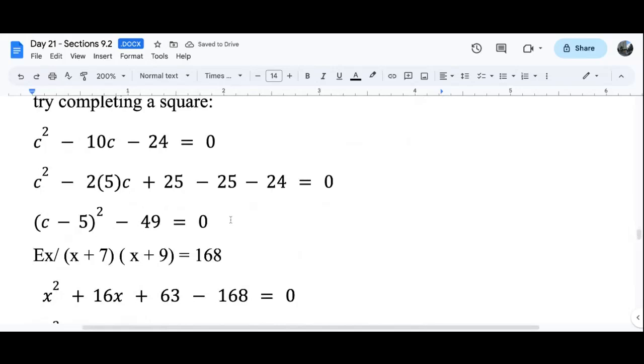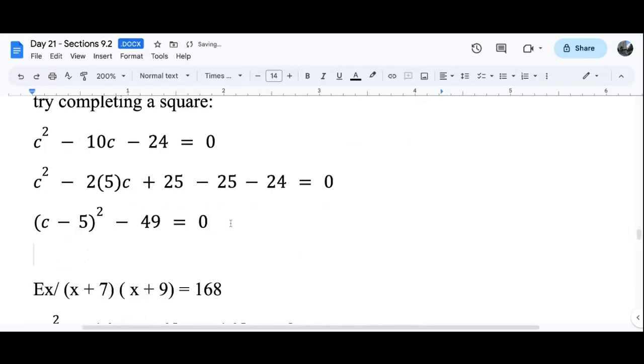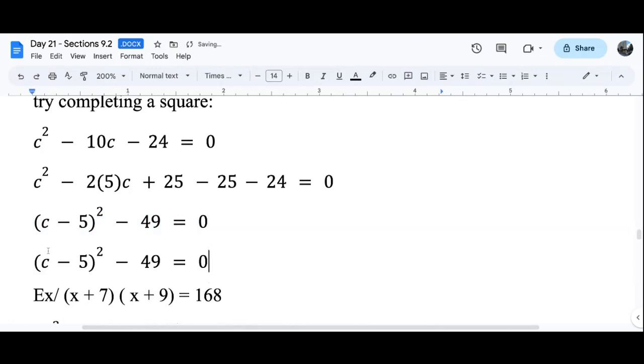Right, as minus 49. Then I can square root both sides.